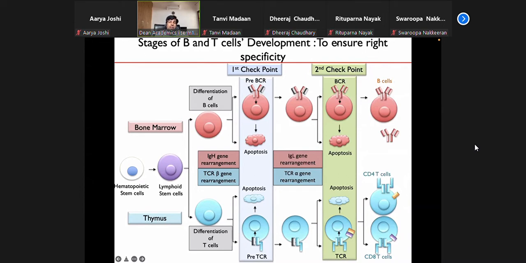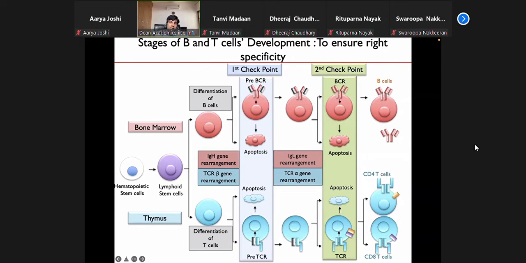For T cells, as I said, all these processes of rearrangement are taking place in the thymus. The cells have entered into the thymus. They start undergoing, obviously, they have to keep dividing. And in the dividing cells, they have to start this process of rearrangement of pre-TCR. If they fail to rearrange the TCR, right?